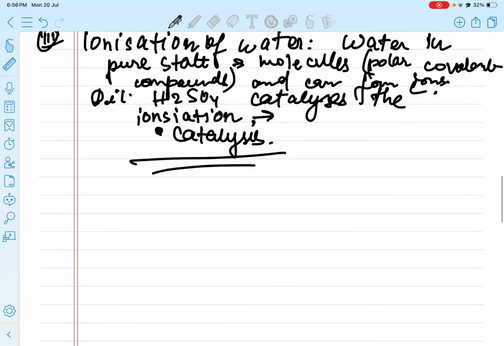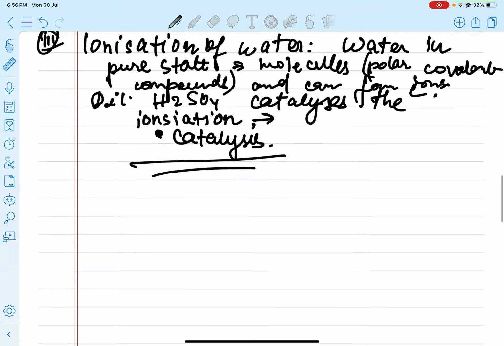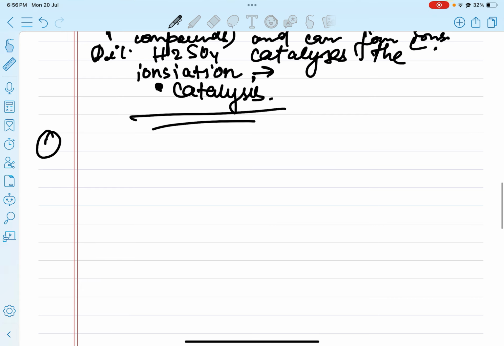Let's start with ionization of water, which I've been putting off for a long time. Which point is this for?